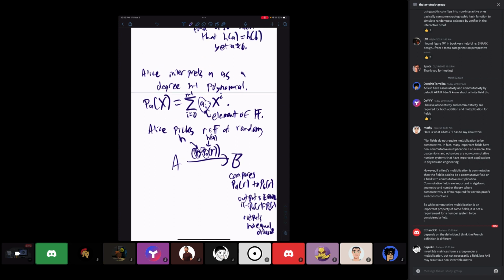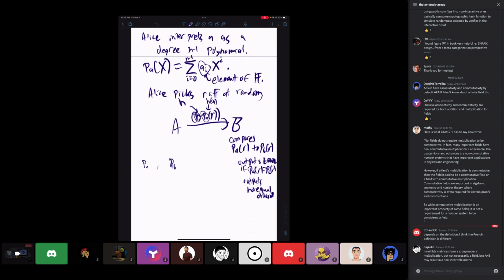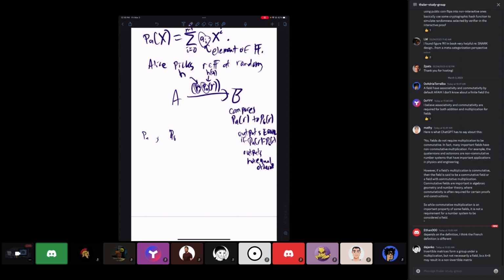It's trivial to find collisions in this hash function. You give me any two polynomials, P_A and P_B, and it's not actually hard to find a point where they collide. So maybe here's P_A and here's P_B, and here are 2 points where they collide, or 3 points, and you can just look at these polynomials and quickly figure out where they collide.